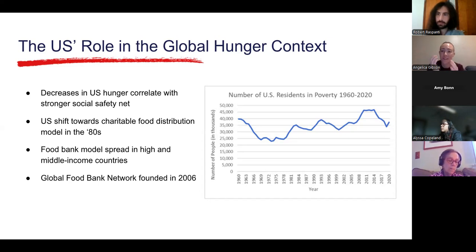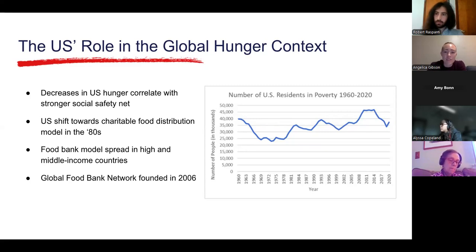We need to keep making sure that we are getting not only politicians, but also the general US population, to really understand what it's going to take to end hunger, and the fact that we can end hunger. Talking about these things is so important to building that movement.